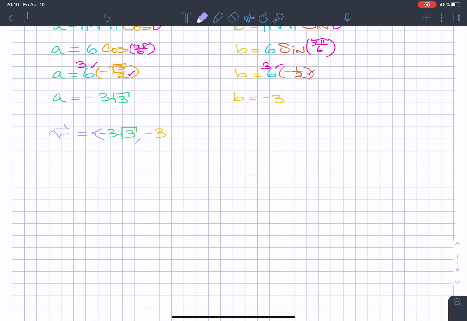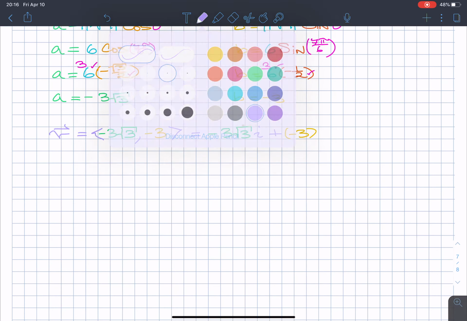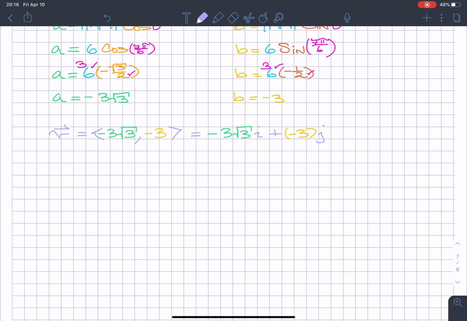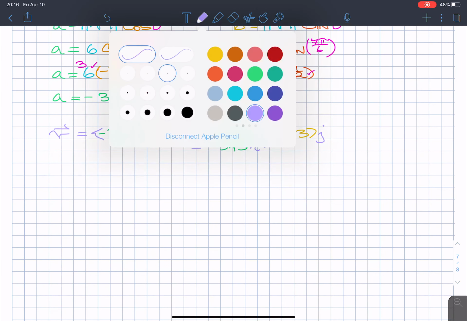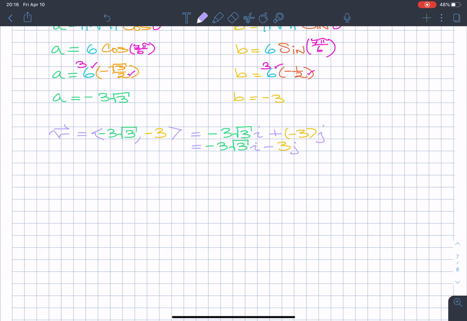But in algebraic form, that's going to be negative 3 times the square root of 3 i plus a negative 3 times j. So we could write that as negative 3 root 3 i minus 3j. That's the algebraic equivalent to the vector form you see there.